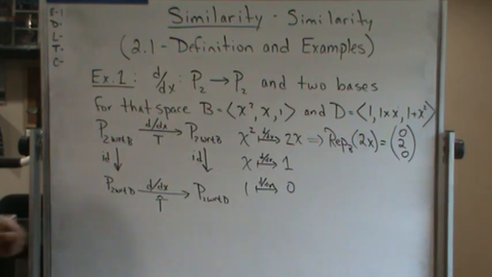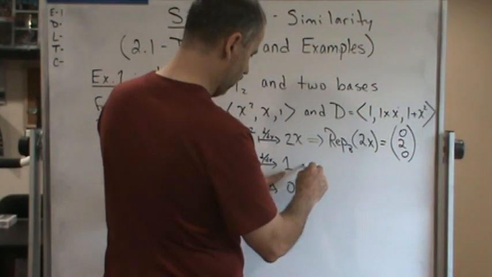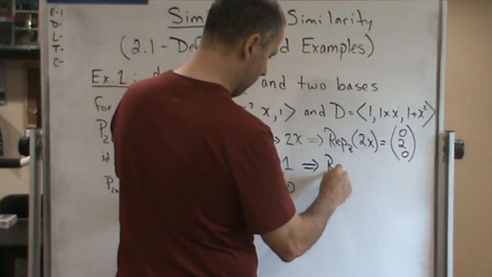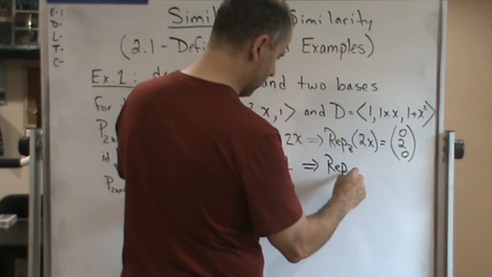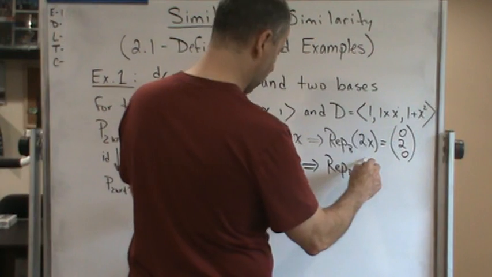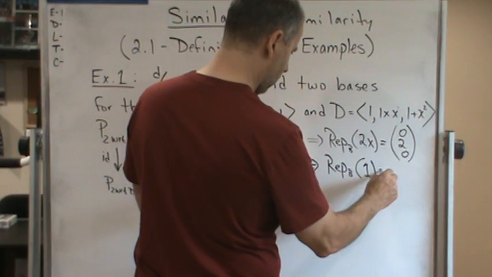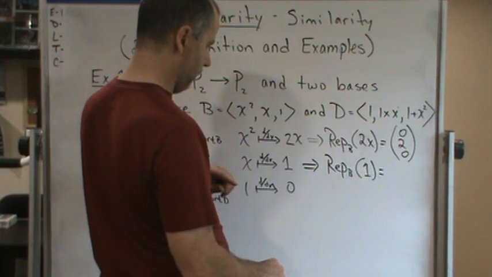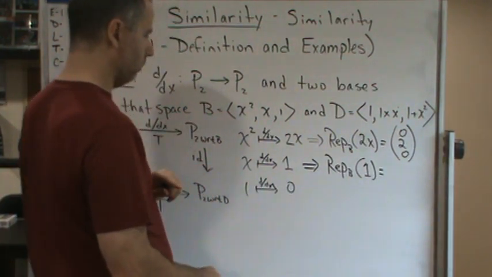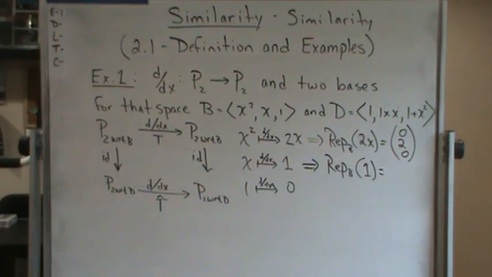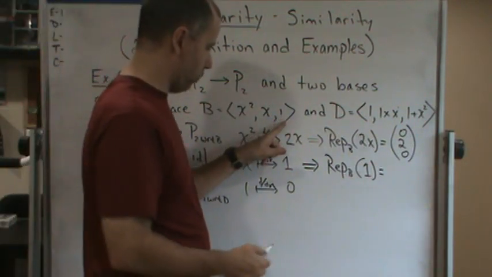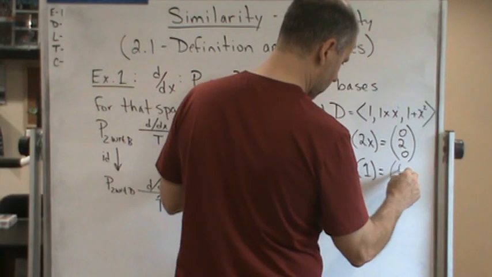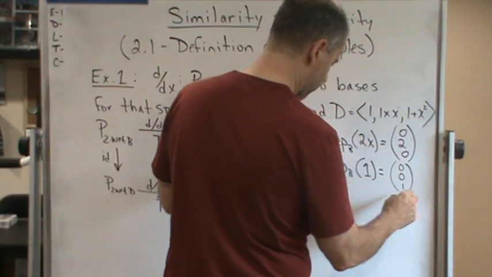And then the second one, now we're going to write the representation with respect to the basis B of 1, which is going to be 0, 0, 1.